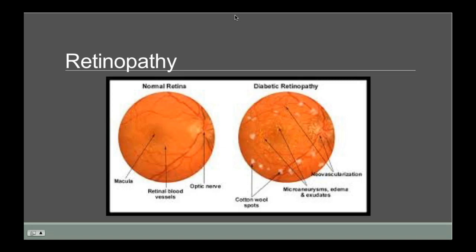And so basically you get these little aneurysms that occur with edema. And retinopathy is the most common cause of new cases of blindness in adults. What they usually do to treat this is they do laser photocoagulation, which destroys the ischemic areas of the retina.